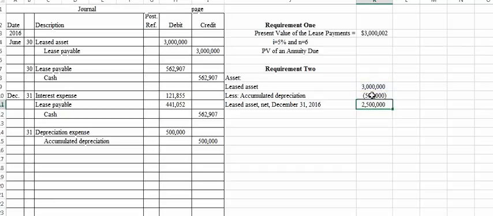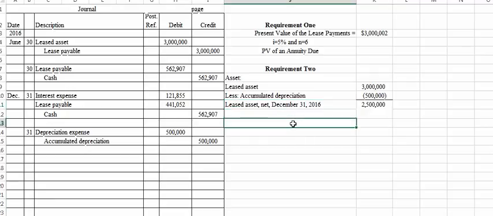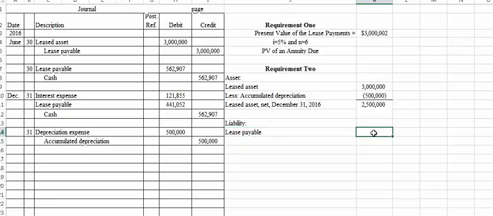Gets us down to $2,500,000. That's what the asset would be on the books at the end of the year, you guys. Now we also had a liability, lease payable. Okay, it started out at $3 million.